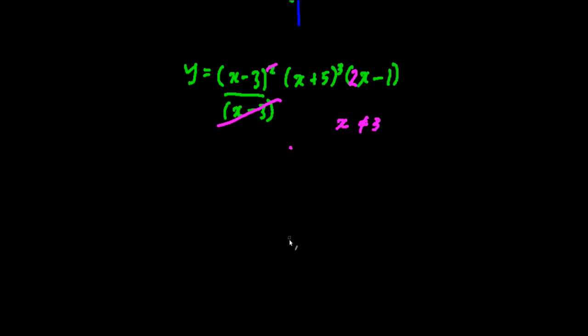So again, drawing my axes, my x and y axes. Now, my 3 roots are x is equal to 3, ignoring the fact that x can't be equal to 3 for now, minus 5, and you need to be careful over here. Don't jump in and say it's just simply equal to 1. It's not. It's equal to a half.